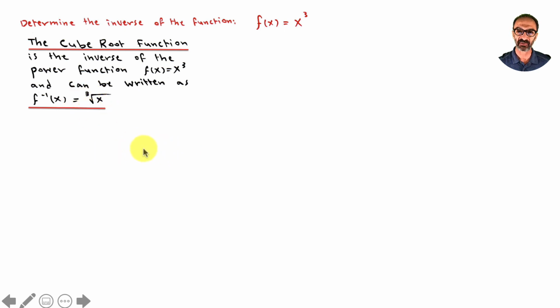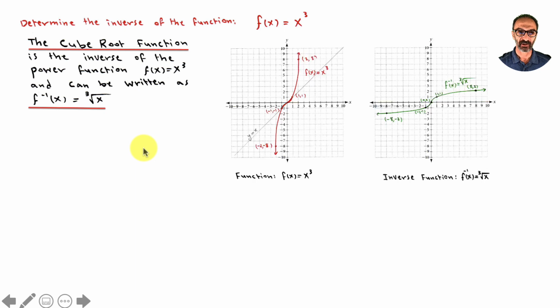To save you some time, I have both graphs at the same time for you. This is the cube function, x cubed, and this is the cubic root of x. As you could see, if you have put them together, that's a reflection of this graph about y equals x.